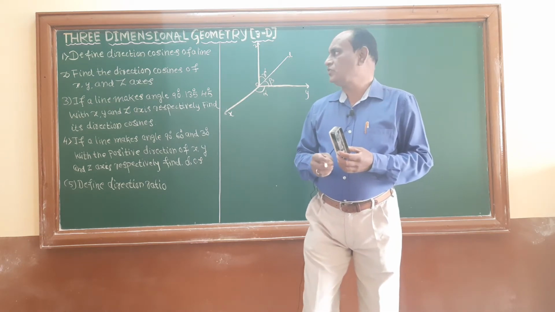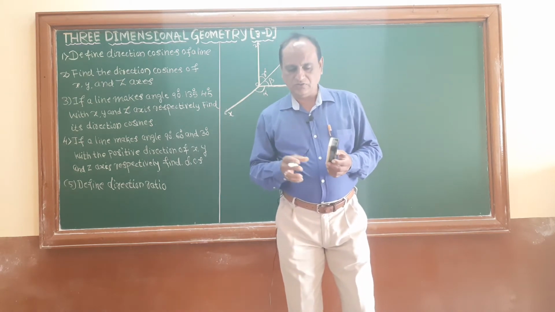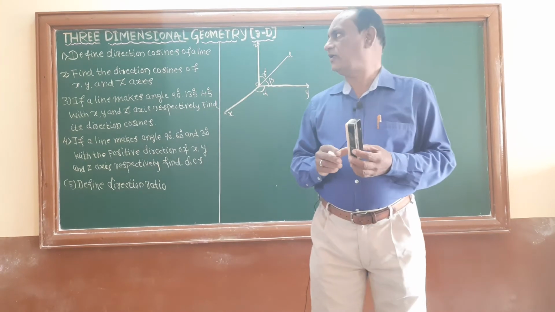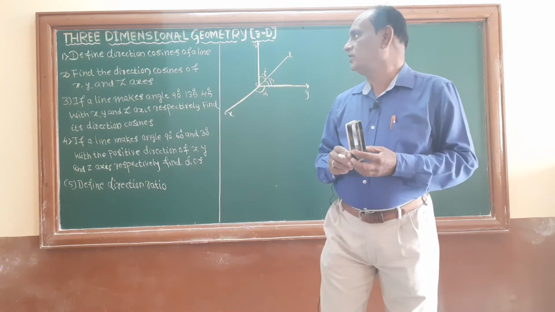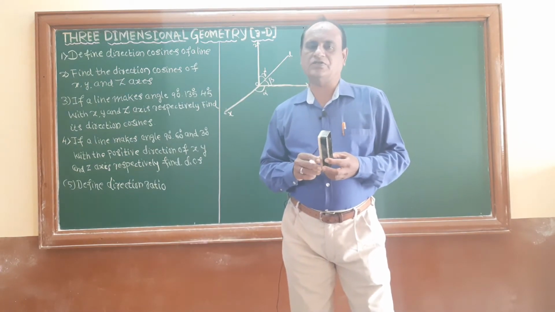First, define direction cosines of a line in 3D. Then find the direction cosines of the x, y and z axis.